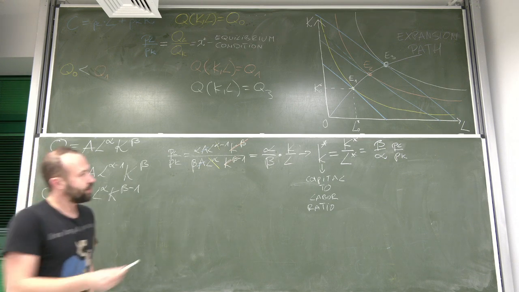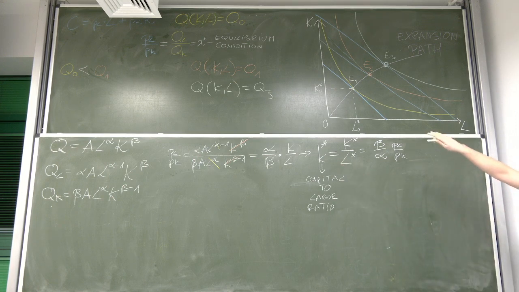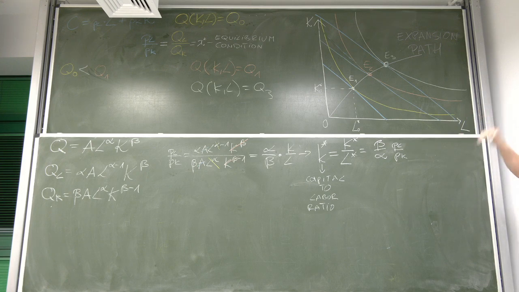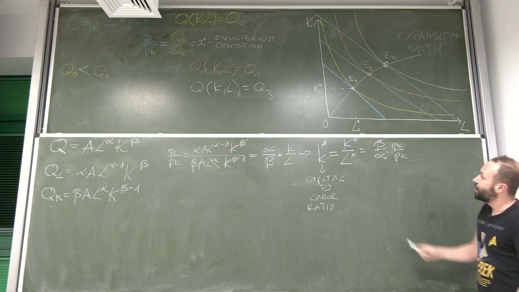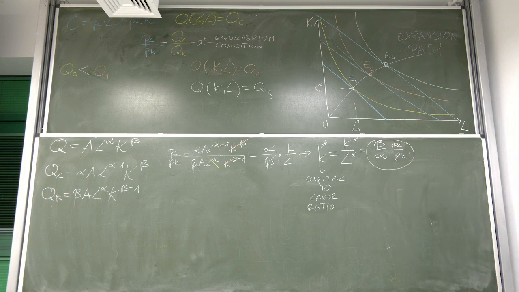Look, capital to labor ratio is showing us what proportion of capital to labor we are using in a given production technology, right? Now, when we see over here that within our model it is absolutely dependent on exogenous parameters only.